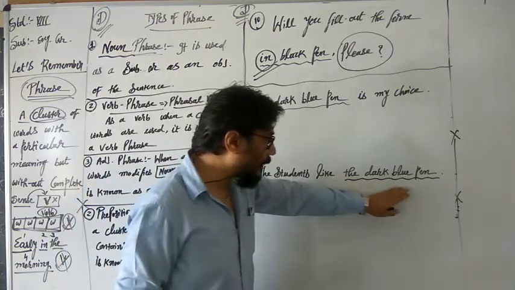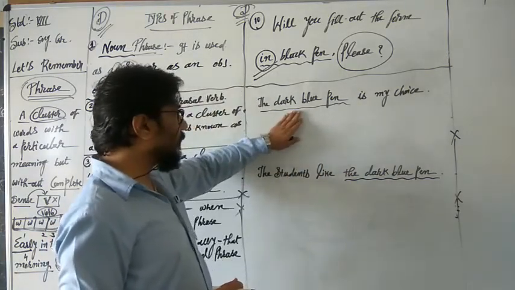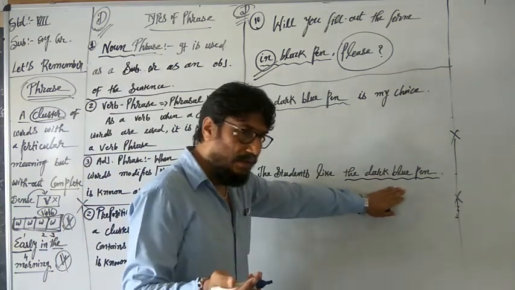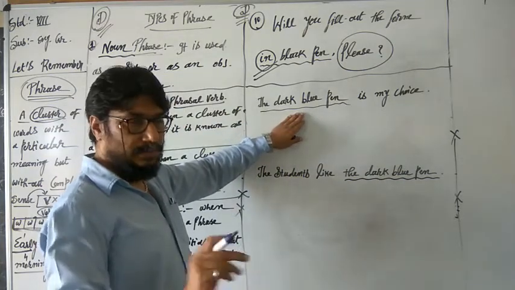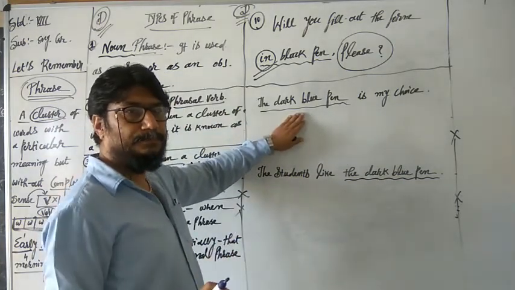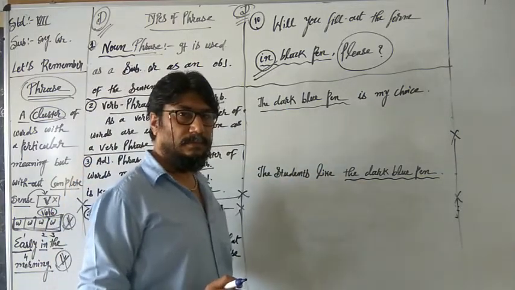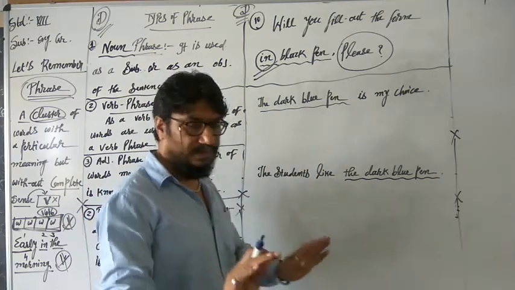Both the underlined sentences are different, but the underlined phrase remains the same: the dark blue pen. It means this is equal. It's not like that.